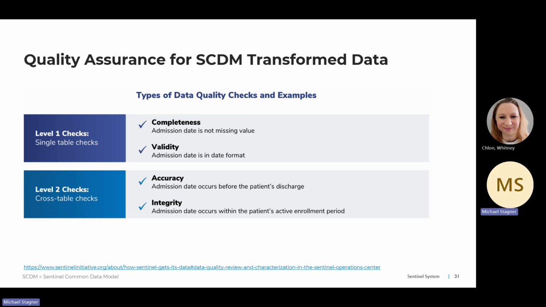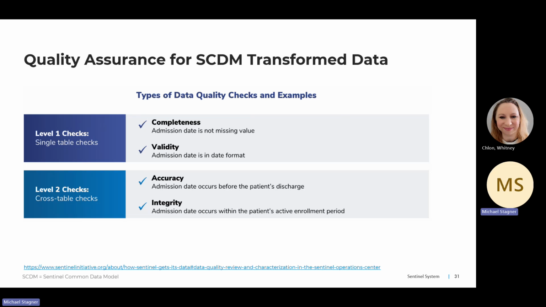They're primarily broken up into level 1 and level 2 checks. Level 1 checks are everything that you expect to be there: the table names, the variables contained in the tables, and the actual values of the variables. Level 2 checks are if the data makes sense, and that's also done automatically by the QA package.